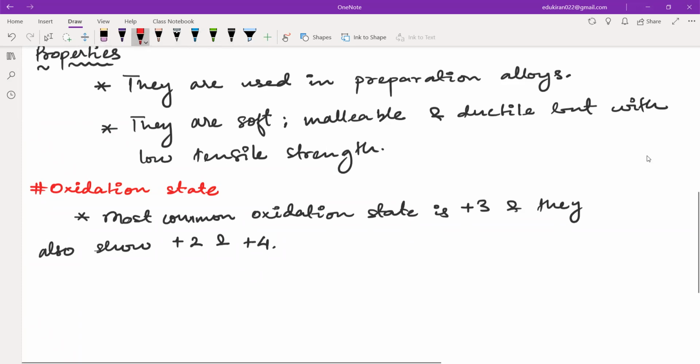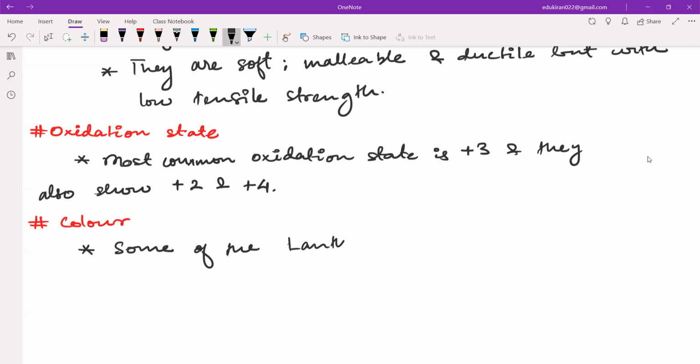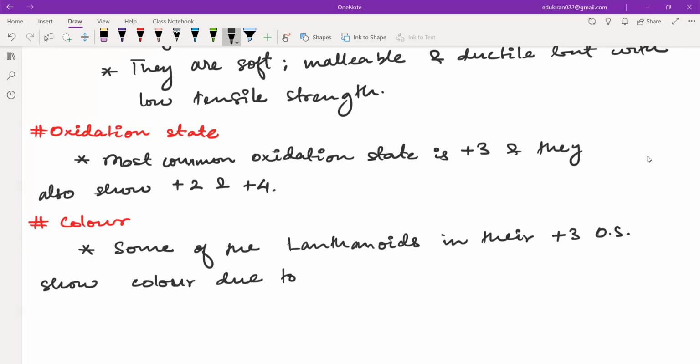Next is the color. Okay, color. Some of the lanthanides in their +3 oxidation state show color due to... what is the reason for color in d block elements? d-d transition.